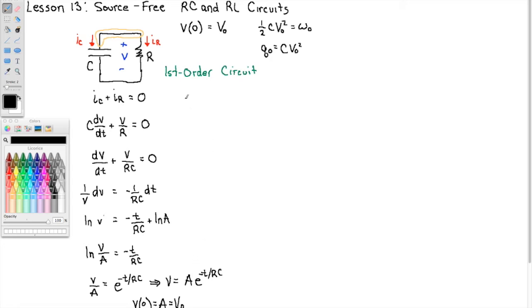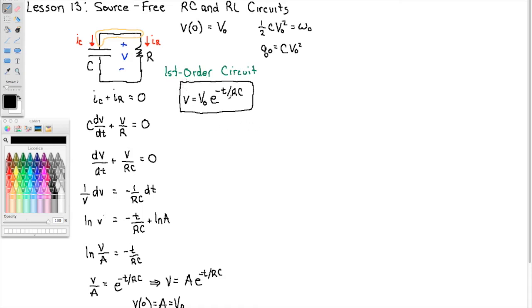So now I've solved the differential equation. The voltage across that capacitor is V equals the initial value times e to the negative t over RC. Okay, this is the solution.